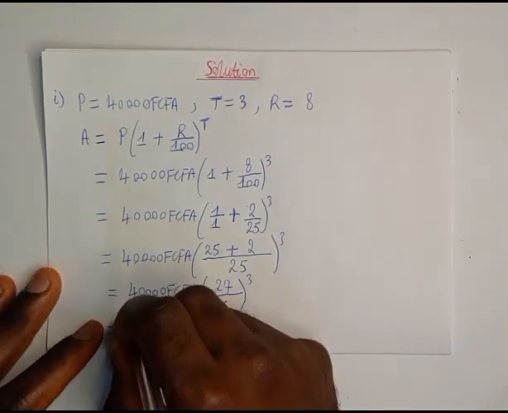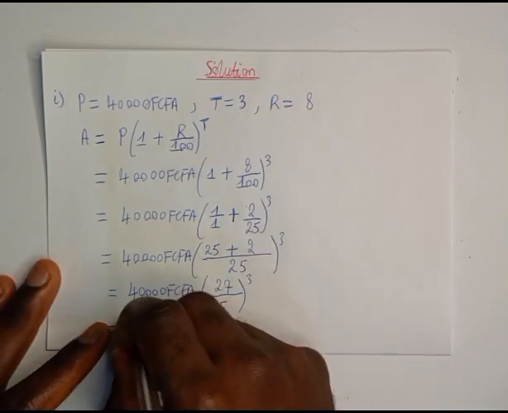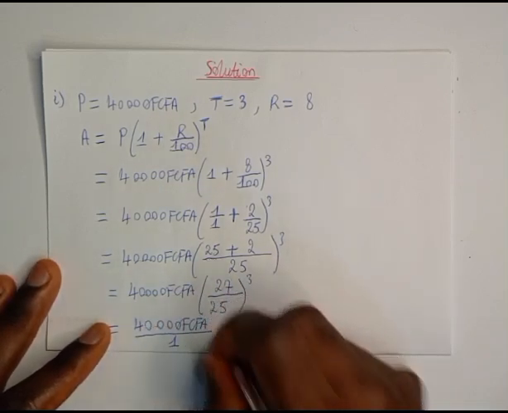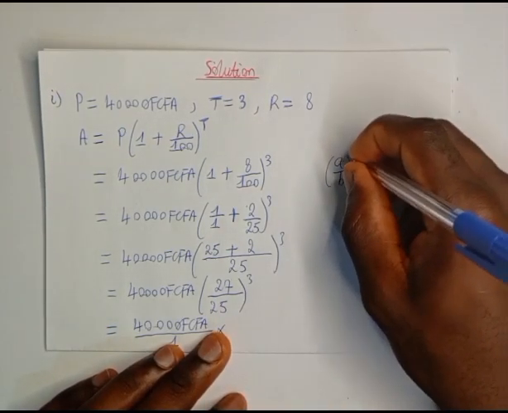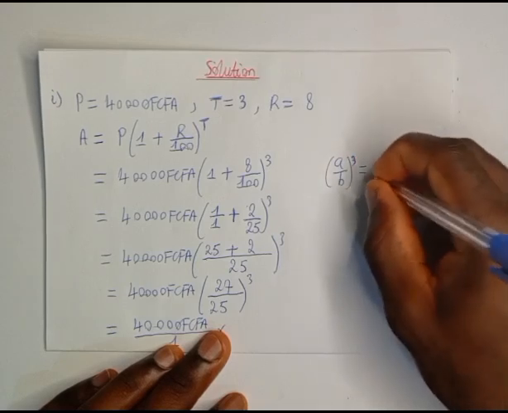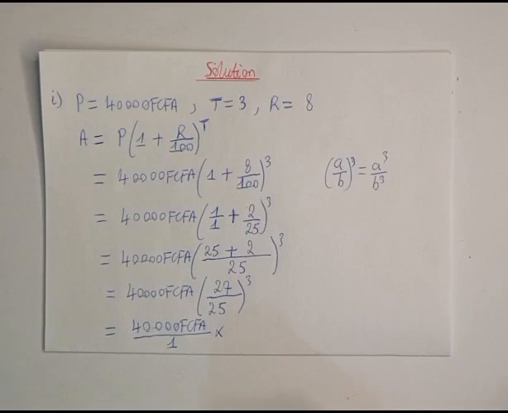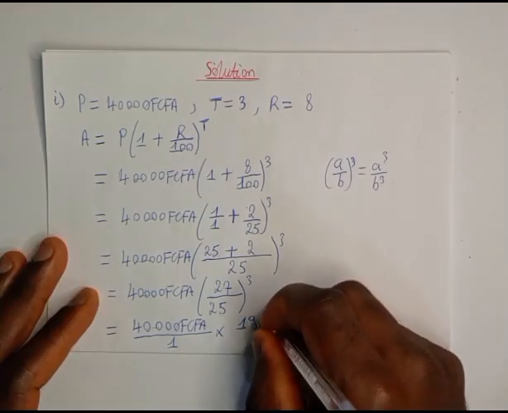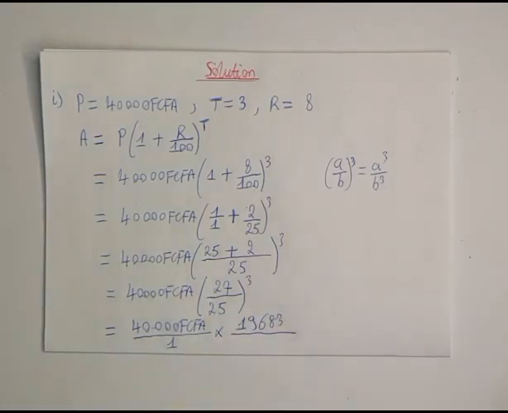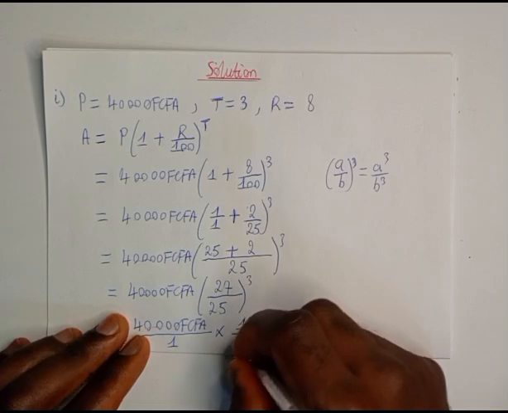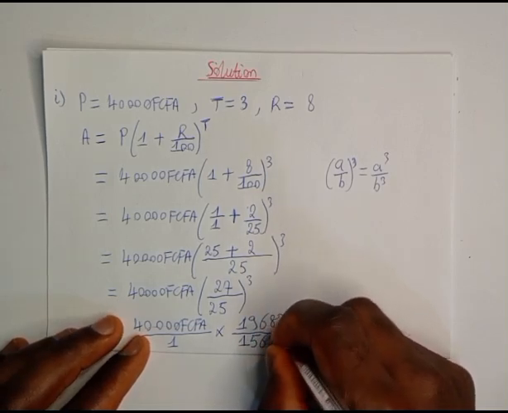This will be equal to 40,000 francs CFA, which can be expressed as 40,000 francs CFA over 1, times, you can break this, remember A over B, all this cube is the same as A cube on B cube, times 27 cube is 19,683 all over 25 cube, which gives us 15,625.